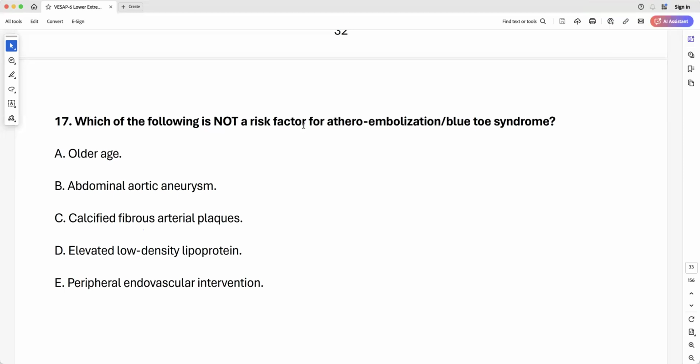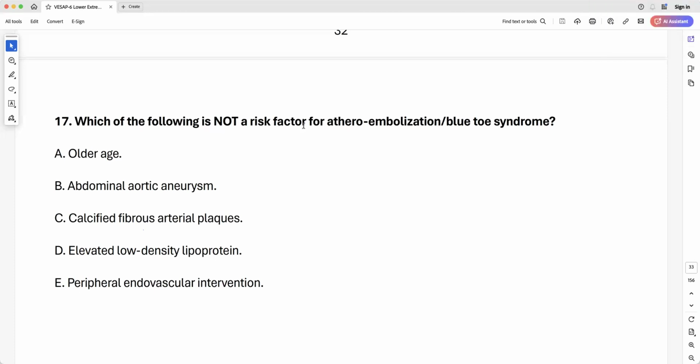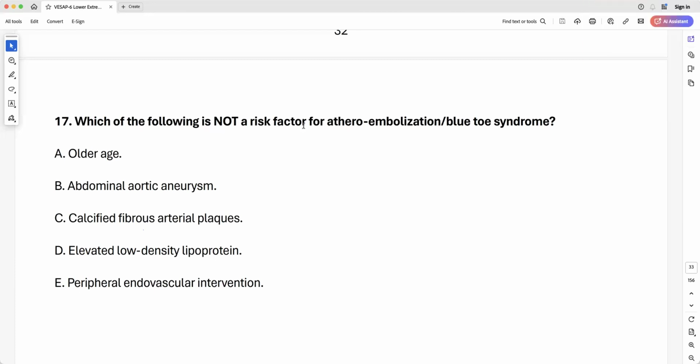Older age, the aortic aneurysms. Why elevated low density lipoproteins? Why can that give you emboli, Bluetooth syndrome? Because this shows me that the patient has hyperlipidemia and he has a risk of disease in his arteries.